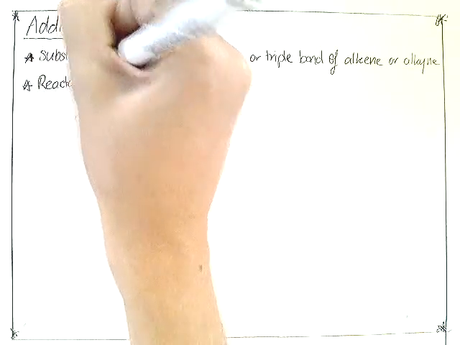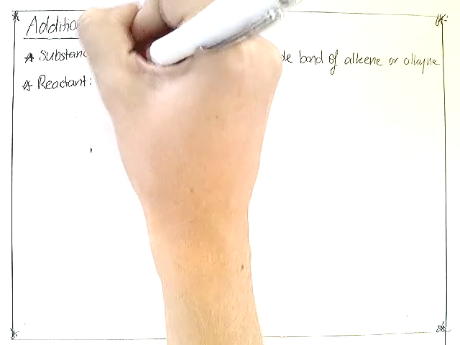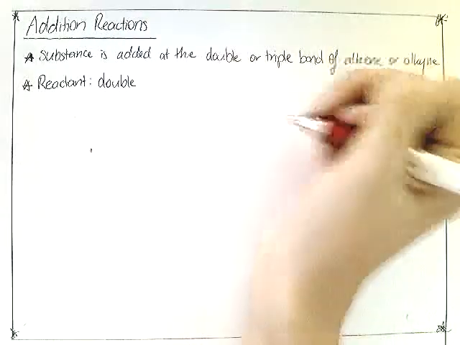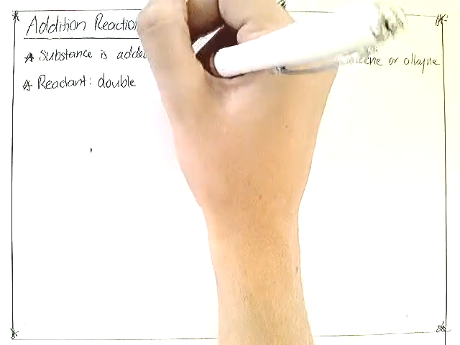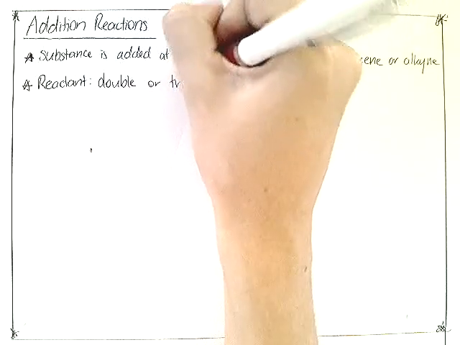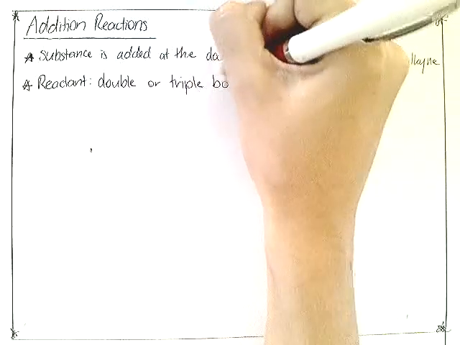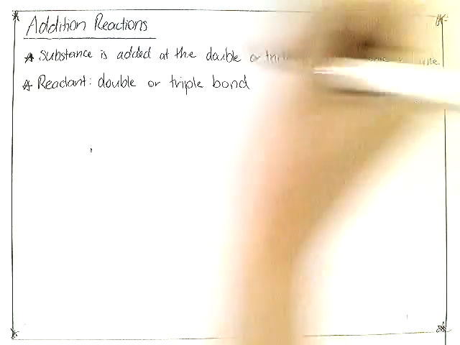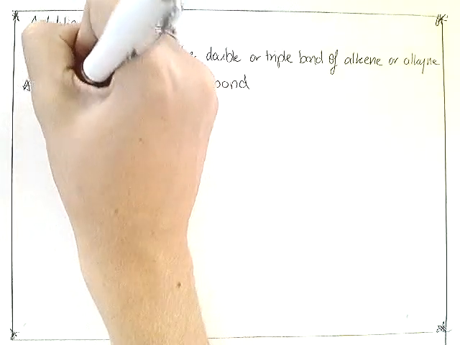It's important you can remember these to identify addition reactions, because you won't always just be asked to complete this addition reaction. You might be asked, what type of reaction is this?